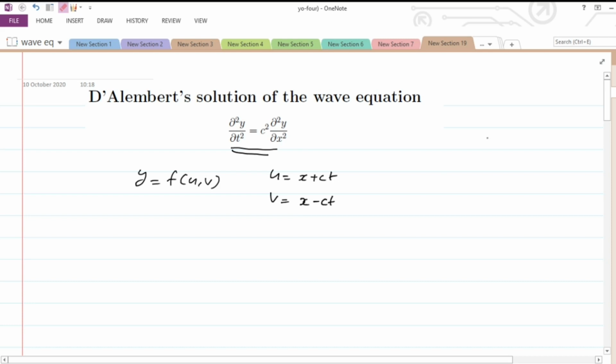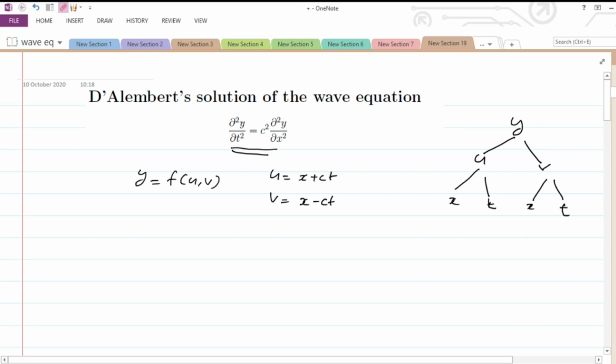So now the situation is y is a function of u and v, and u is a function of x and t, and v is also a function of x and t.